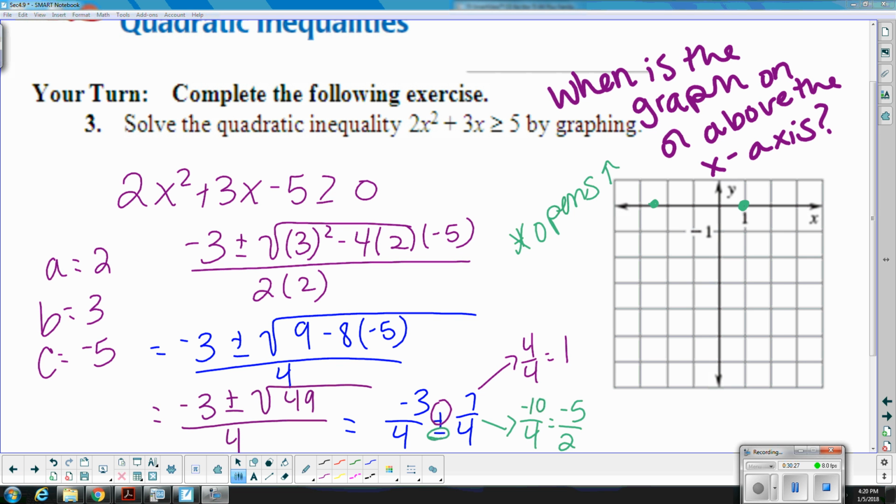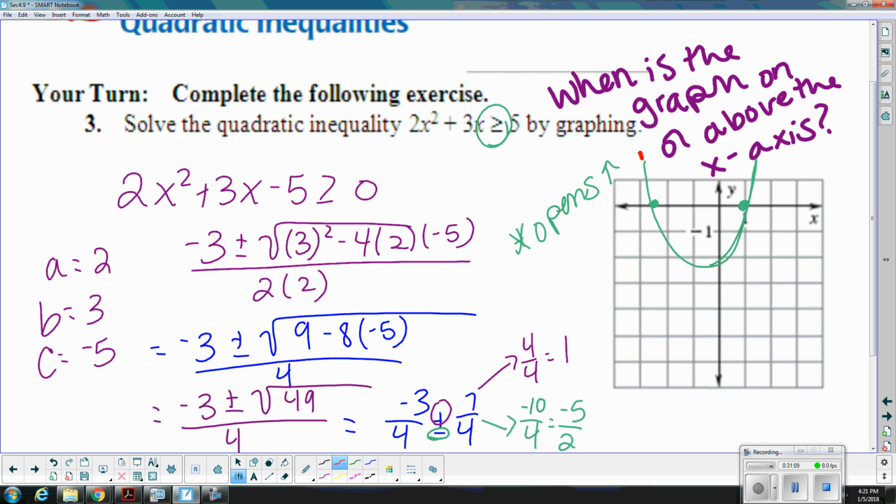All right, so I plugged in my values for the quadratic formula, and I got my two zeros, either x is 1 or x is -5/2. And so I plot those, and I know that my graph opens up. So I don't have to graph it perfectly, I just have to know that it opens up. And then the question is, when is the graph on or above the x-axis? And the reason I'm asking that is because it's greater than or equal to. So when is 2x squared plus 3x minus 5 greater than or equal to 0?